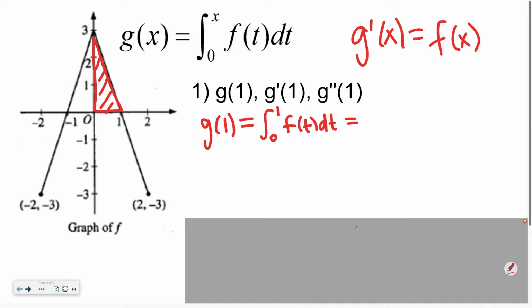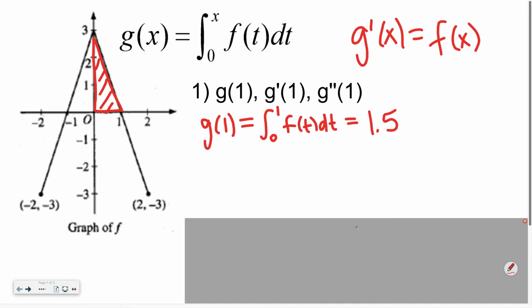Okay, so we have a triangle, height 3, base 1, so 3 times 1 times 1/2. I'm asking you to find G. I'm literally asking you for what is the area from 0 to wherever.